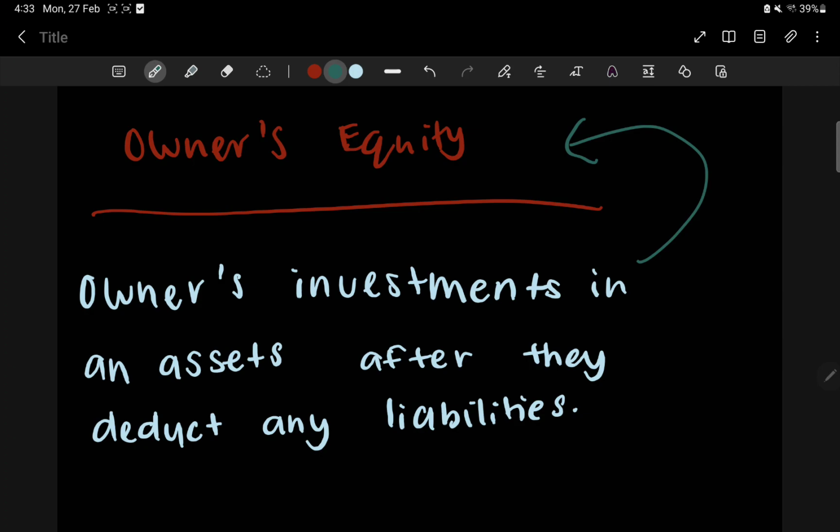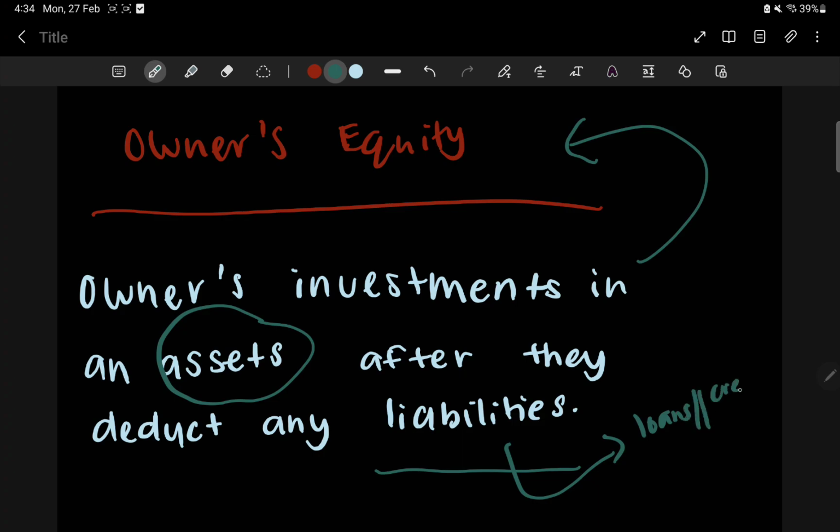So the owner invests in the asset, and after that, they will deduct any liabilities, which means like loans. Macam in bahasa Melayu, we say it's hutang.